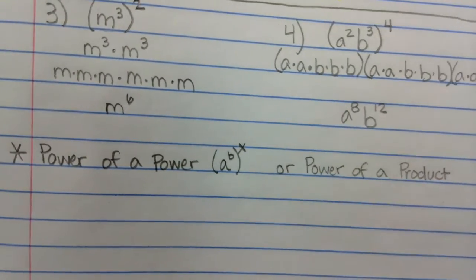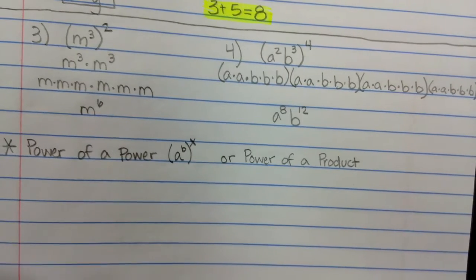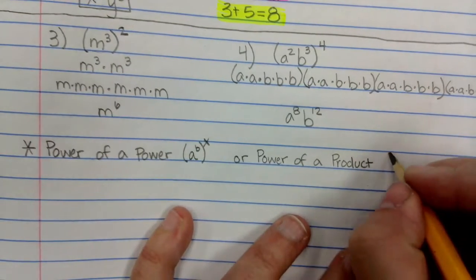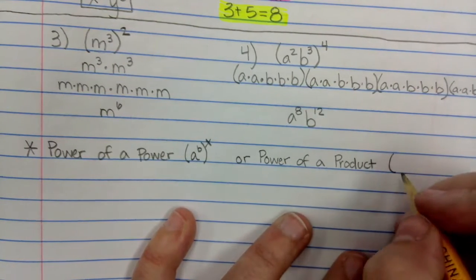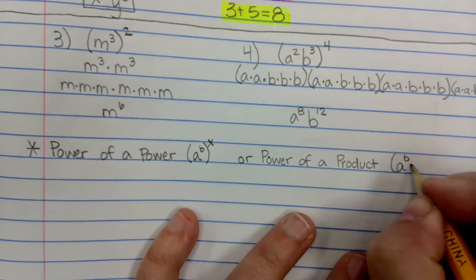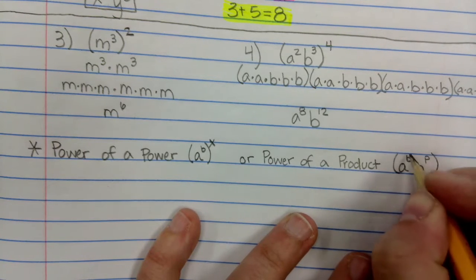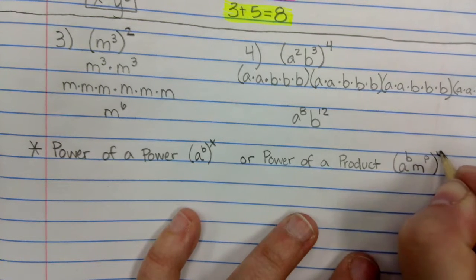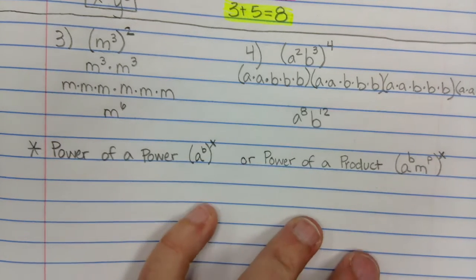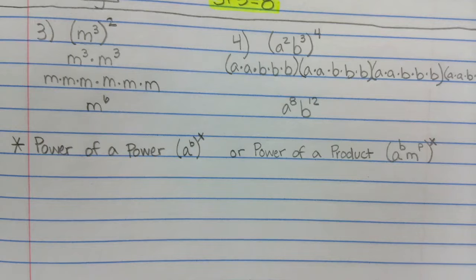An answer of a multiplication. So on the inside of the parentheses, we're going to have two things. So we might have a to the b power, and then maybe m to the p power, with an exponent on the outside. So we do kind of the same rule with both of these.